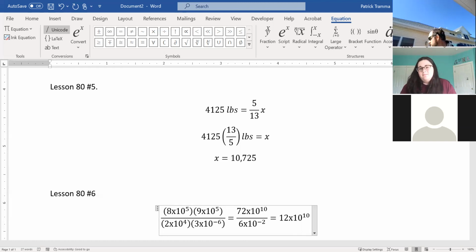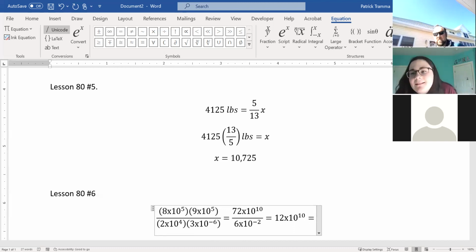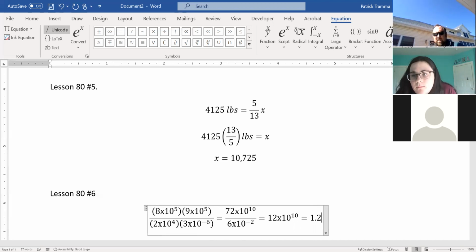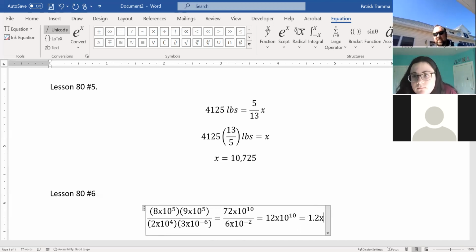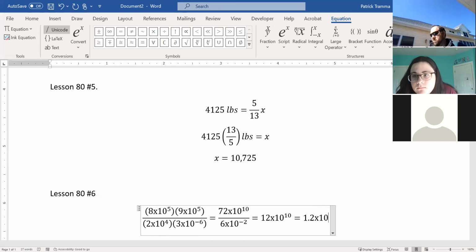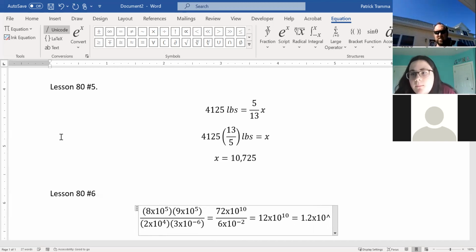It's not quite scientific notation. The decimal point over 1. Oh, that's right, because you can't have two spots. Exactly. So 1.2 times 10 to the 13th.